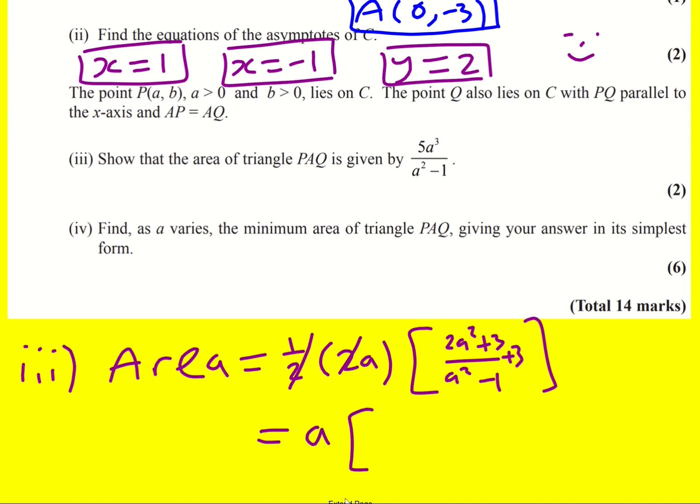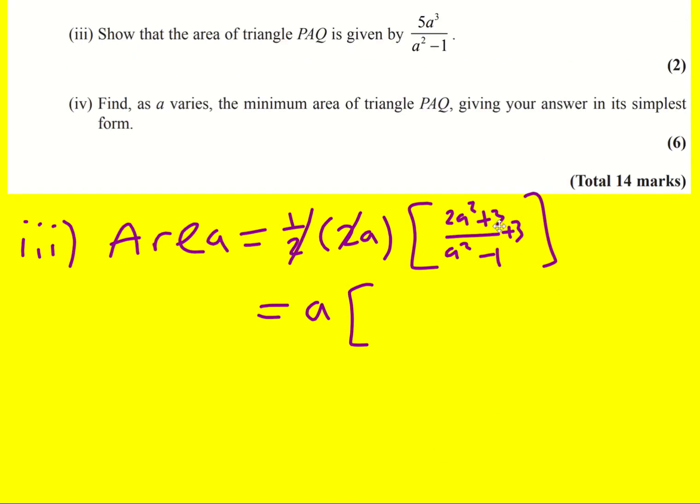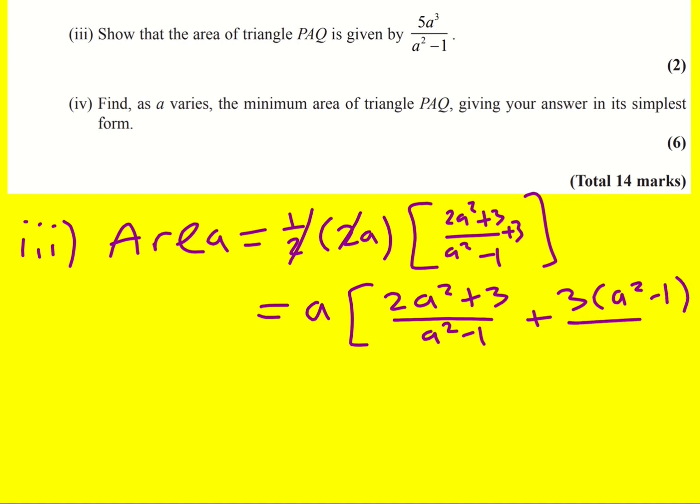The main thing we have to do now is add these two things together. So it's going to be 2a squared plus 3, and then I can put it over a common denominator, plus 3 lots of a squared minus 1, all over a squared minus 1.